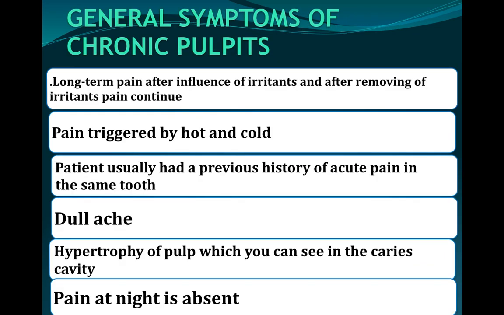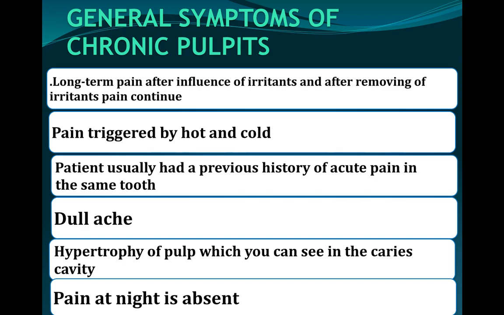General symptoms of chronic pulpitis. First, long-term pain after influence of irritants, and after removal of irritants, the pain continues. Then pain triggered by hot and cold. The patient usually has a previous history of acute pain in the same tooth. Then dull ache, then hypertrophy of pulp, which you can see in the caries cavity.